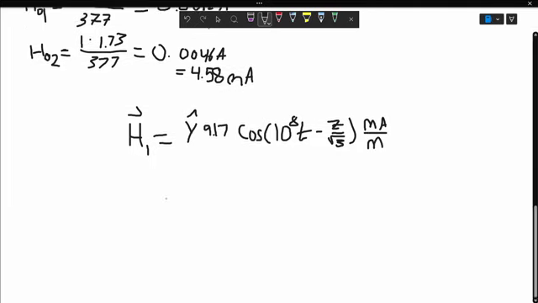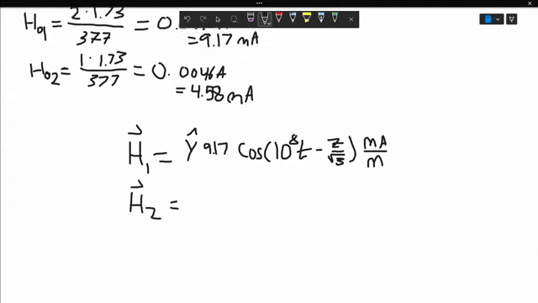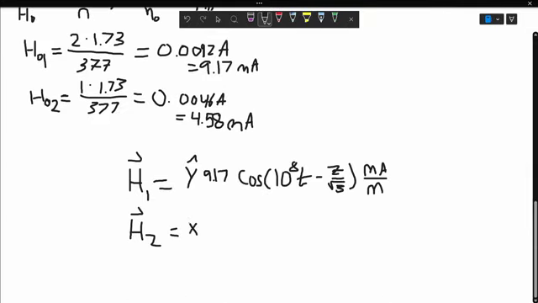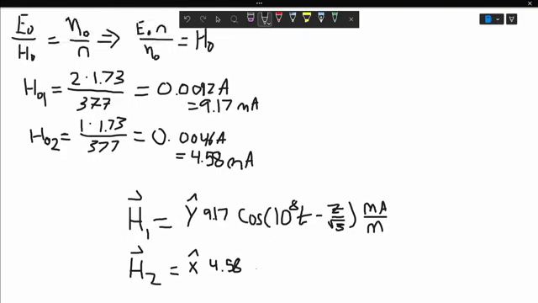This is our H1. H2 follows the same process. We first grab its direction. Its direction is an x hat, so we write x hat. Then we need its amplitude, so it's 4.58. And then, just as H1 is cosine, the H2 should still be sine.